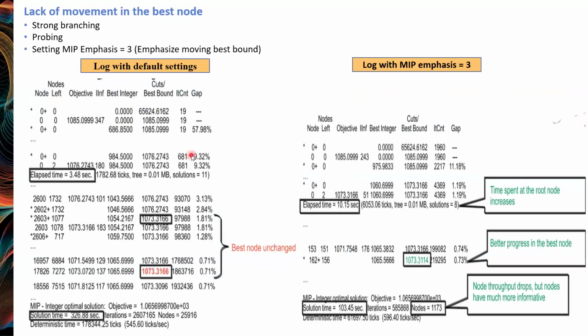So if there is lack of movement in the best node, then you could try probing, strong branching. We have not seen what is strong branching. We'll come to that. And setting MIP emphasis to 3, that is, you put emphasis on moving the best bound.